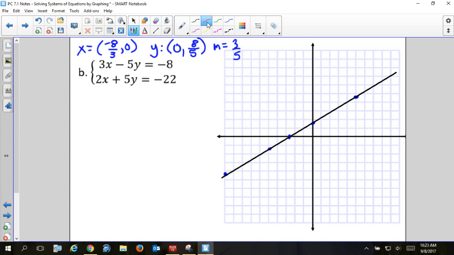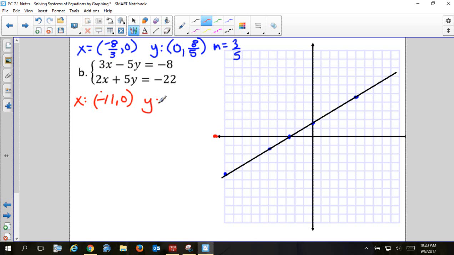Now what? Second equation? X-intercept, -22 over 2 is -11. So on the x-axis, I'm going to pull out -11. It's off my graph. That's all right. We'll be okay.